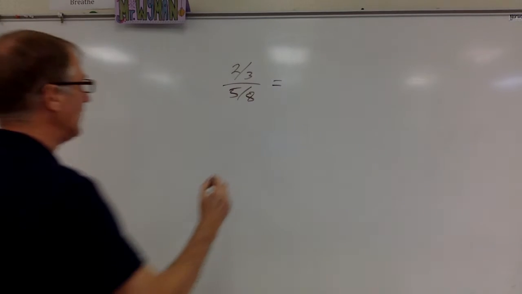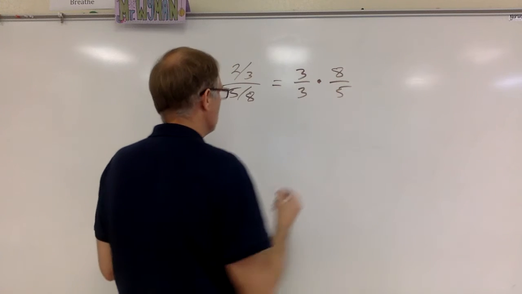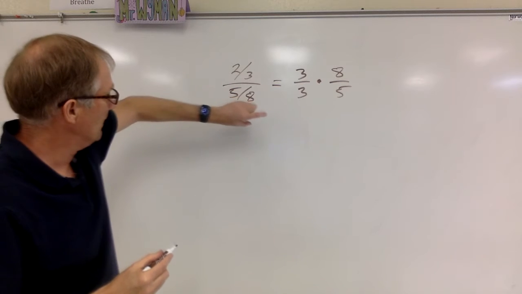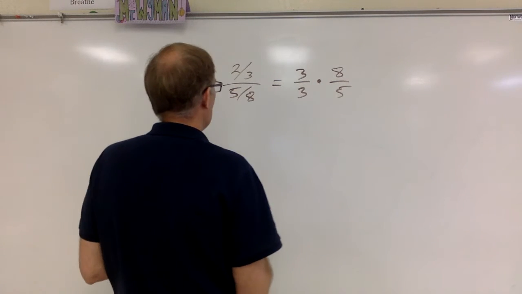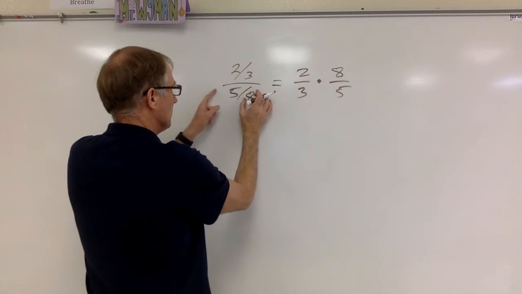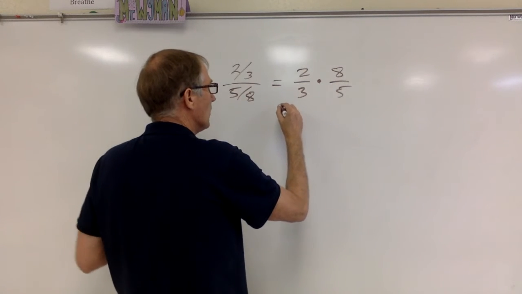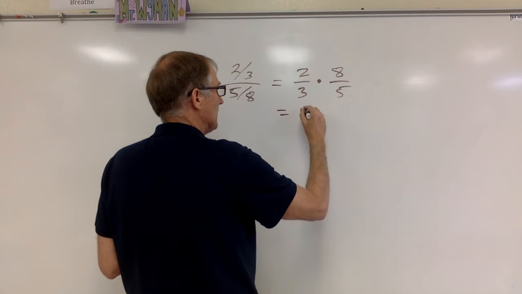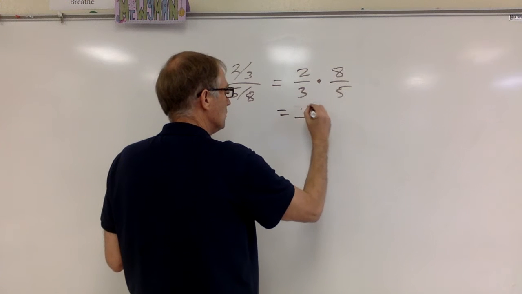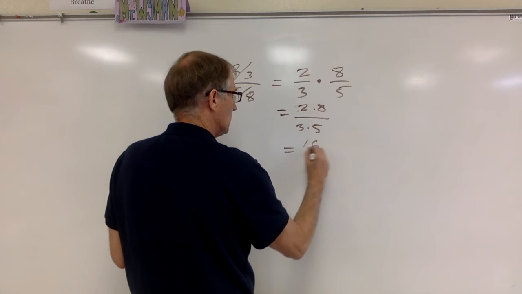You know that you can rewrite that as 2/3 times 8/5, because when you divide by a fraction, you take the fraction in the denominator and flip it over and multiply. Take what's in the denominator and flip over that fraction. So that's going to be 2 times 8 all over 3 times 5, which is 16 all over 15.